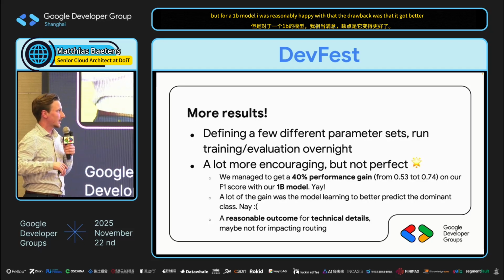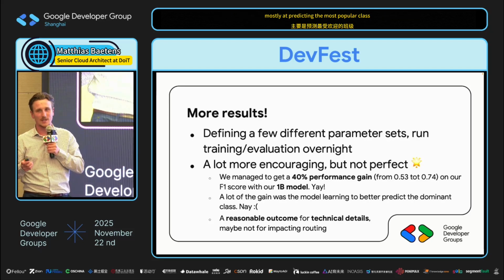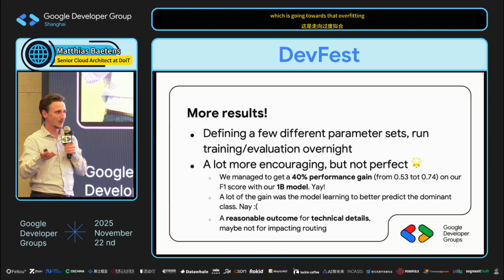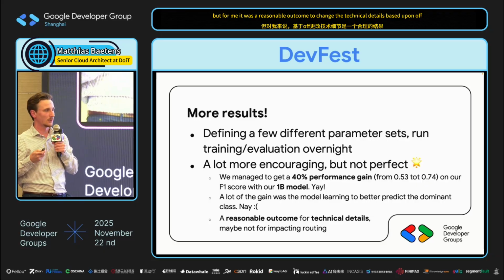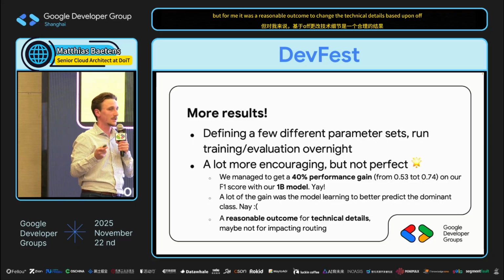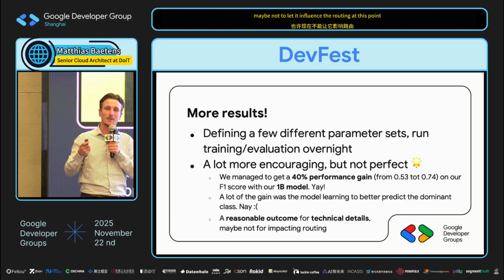The drawback was that it got better mostly at predicting the most popular class, which is going towards that overfitting. But for me, it was a reasonable outcome to change the technical details based on, maybe not to let it influence the routing at this point.